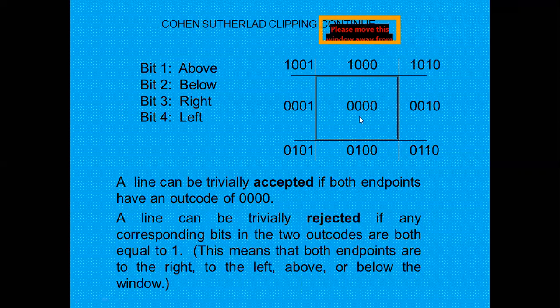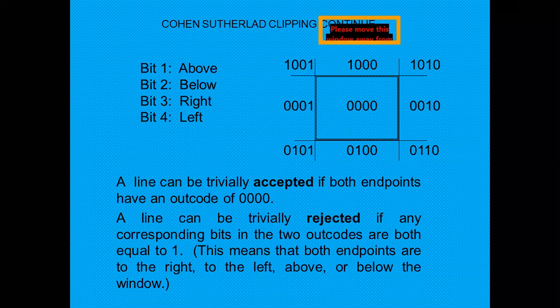Now you can see, this is called the Cohen-Sutherland clipping algorithm. Here we are extending each and every side of the rectangle. Now we are doing the nomenclature, defining the different regions. You can see there are 9 regions.